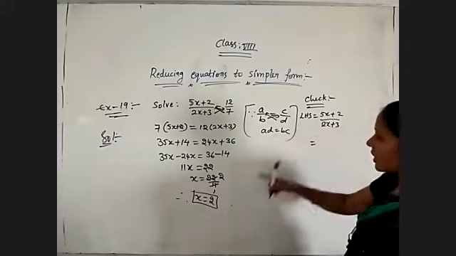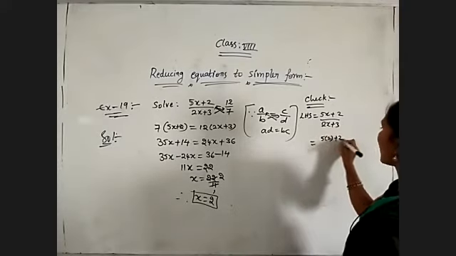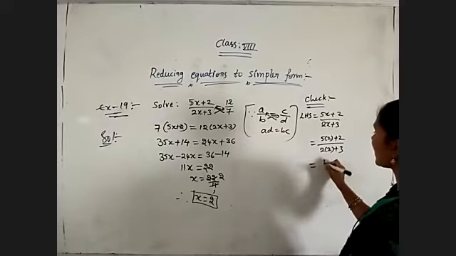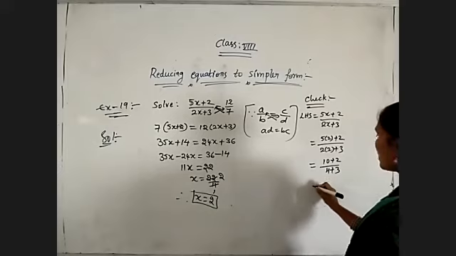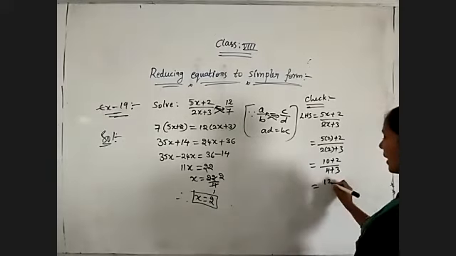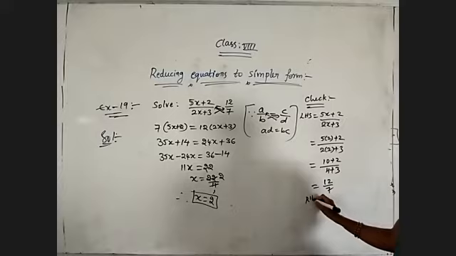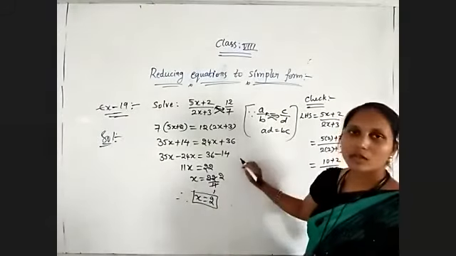Substitute the x value, which is 2. (5 into 2 plus 2)/(2 into 2 plus 3) is equal to (10 plus 2)/(4 plus 3), which is 12 by 7. Our RHS is also 12 by 7. Therefore LHS is equal to RHS, which means x is equal to 2. So, very simple. No need to confuse.